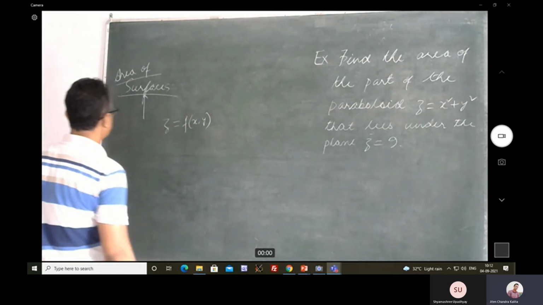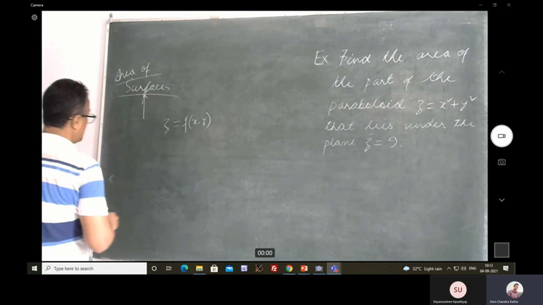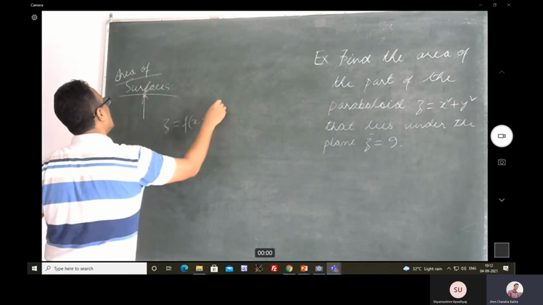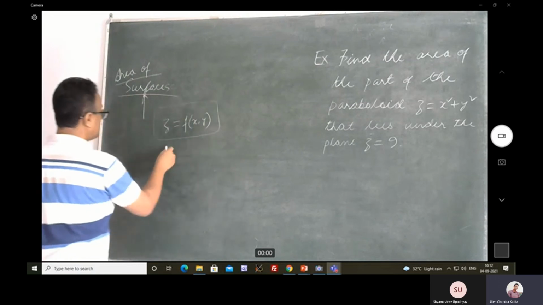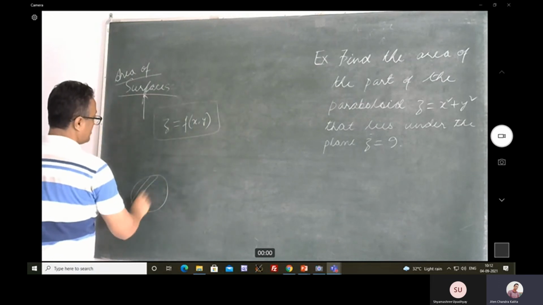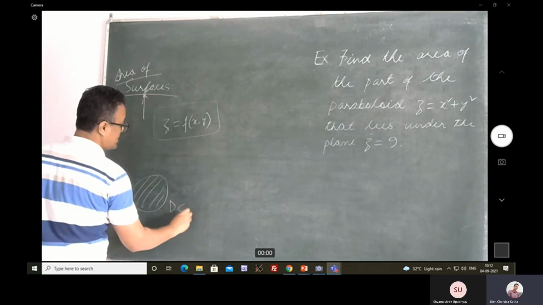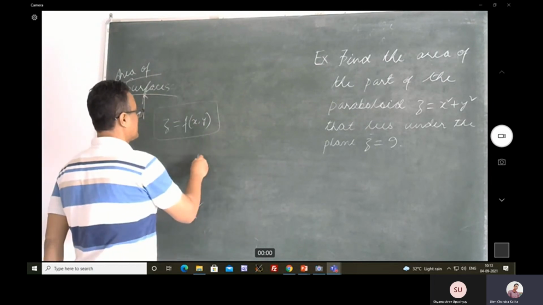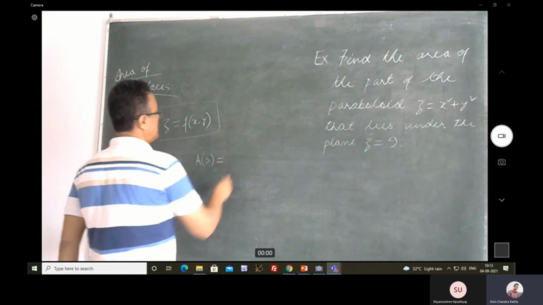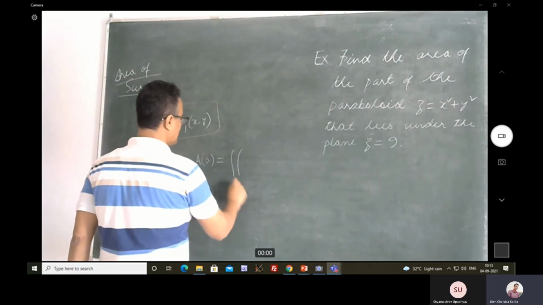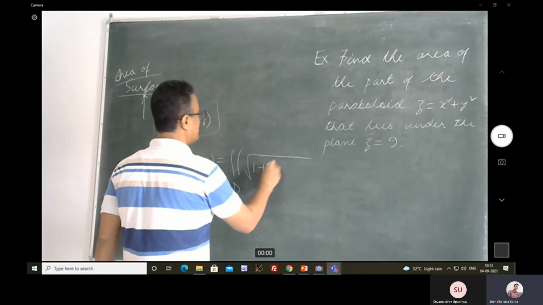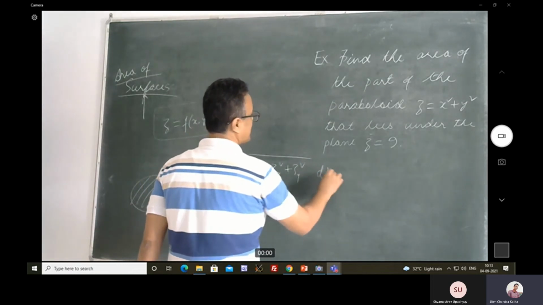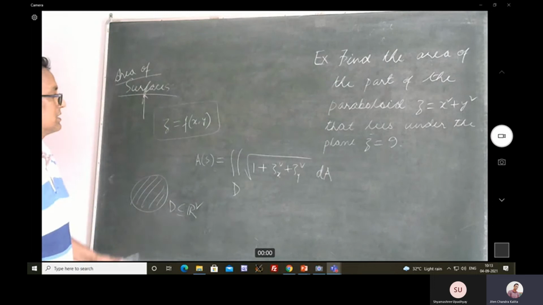If we are seeking the area of the surface of the graph of this function defined in the domain D in R2, then the area of that surface is simply given by the double integral over D of the square root of 1 plus z_x squared plus z_y squared dA. That is what we learned, right?